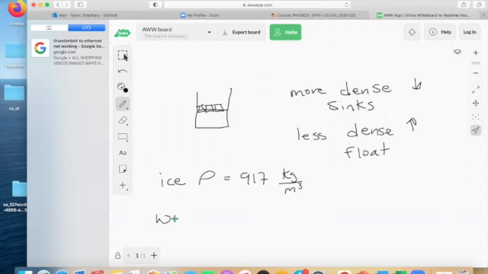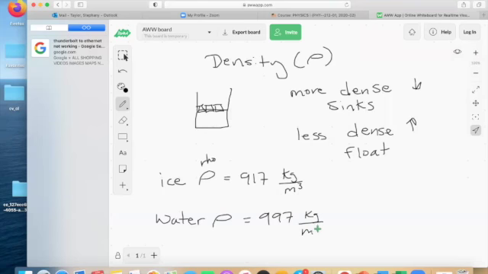And then the water, and again, the density is denoted by the Greek letter rho. Rho looks like a P, but it's not a P. It's a Greek symbol. This is the symbol for density. And again, the SI unit for density is kilograms divided by meters cubed.